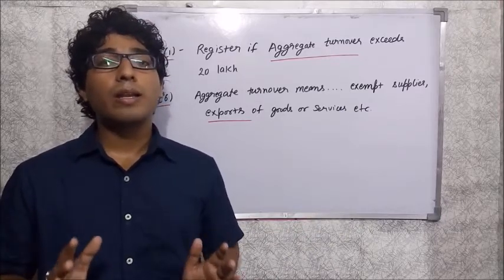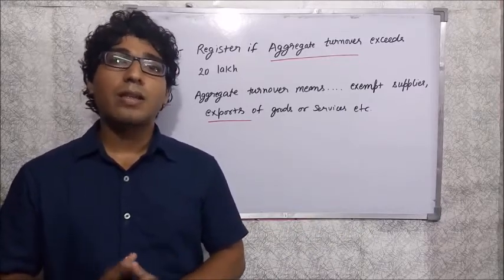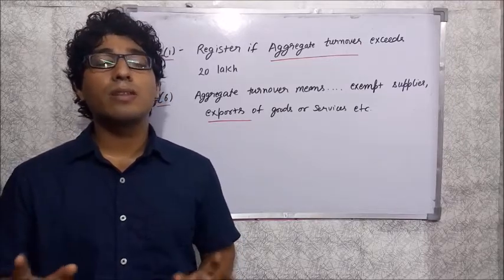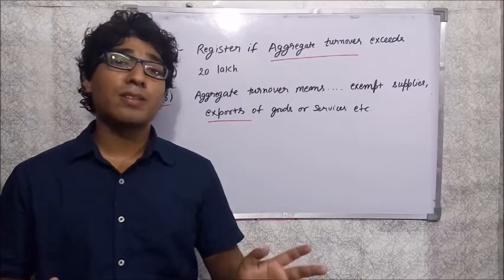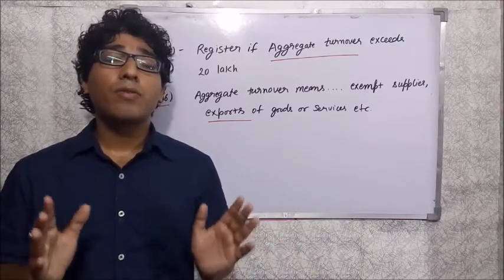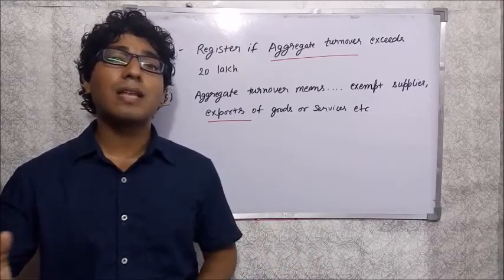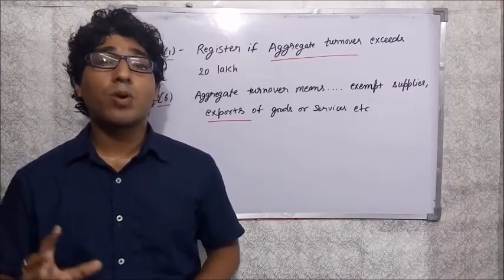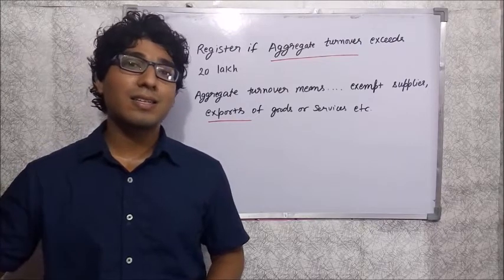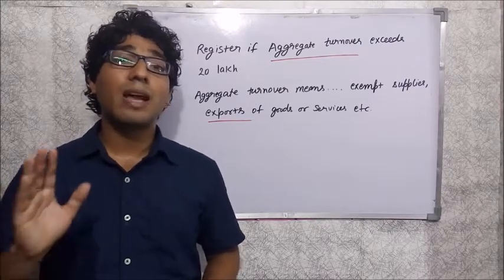But one more point to note is that exempted supply and export are different things. Export is zero rated under GST and exempted supply is very different. So if you are exporting goods or services, it doesn't mean that it is exempted under GST. Although it is zero rated under the IGST Act, it is not an exempted supply.